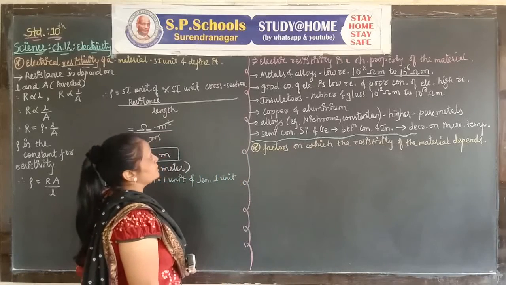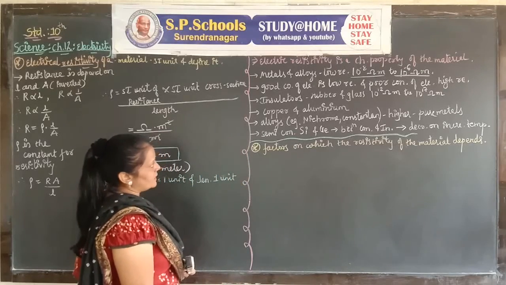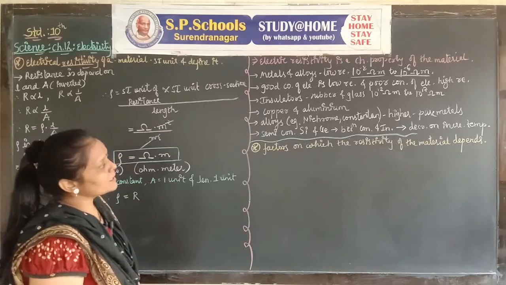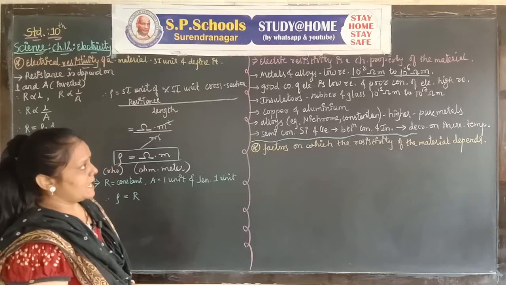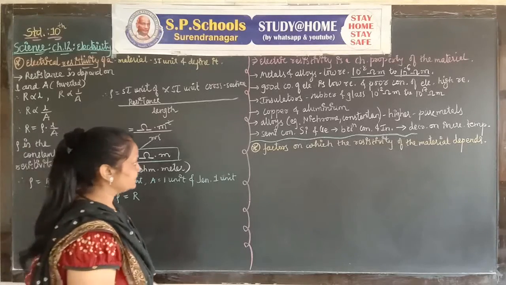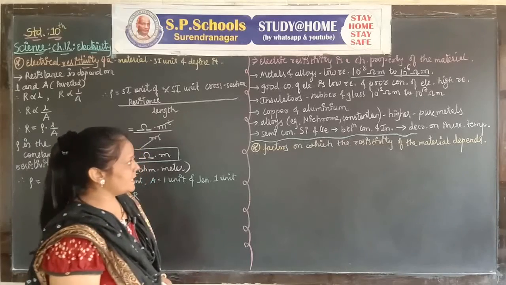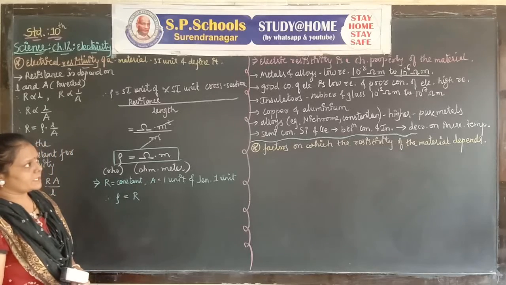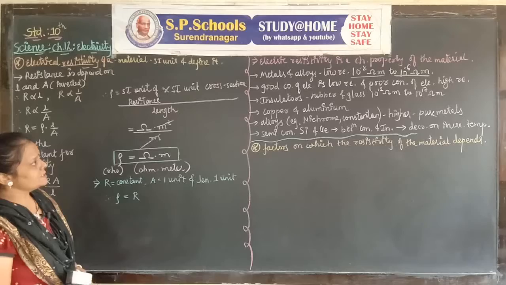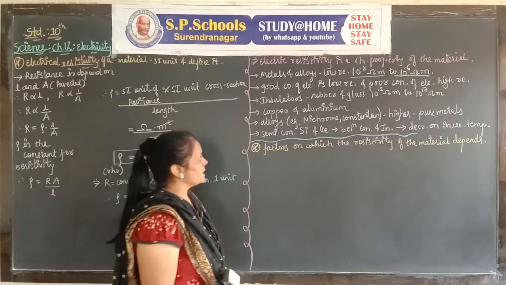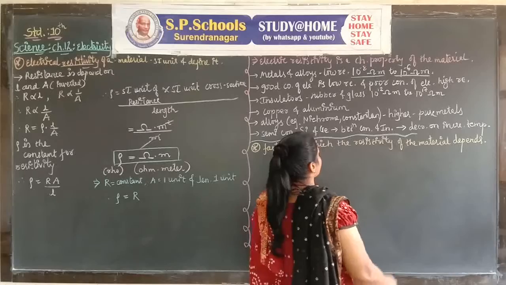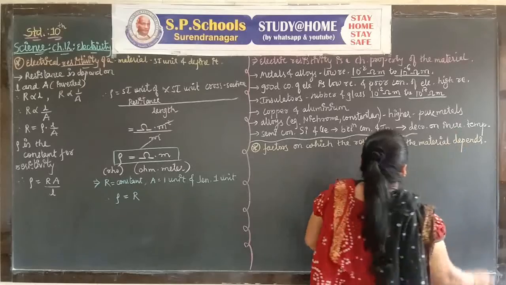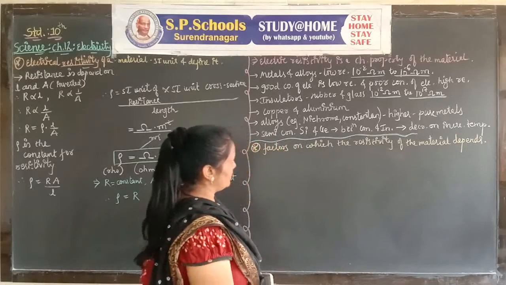So good conductors of electricity have low resistivity and poor conductors have high resistivity. Insulators like rubber and glass have resistivity of 10 raised to 12 ohm into meter to 10 raised to 17 ohm into meter.